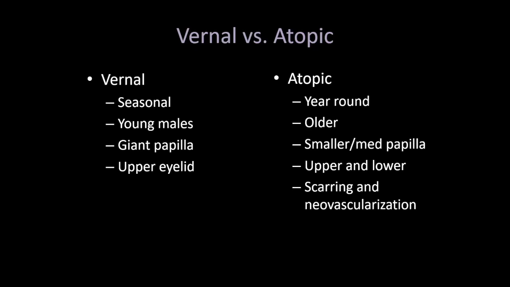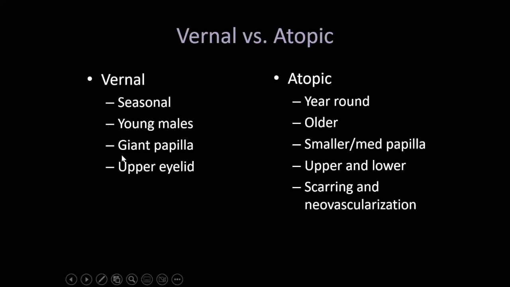In terms of the pattern and the seasonality, vernal keratoconjunctivitis is seasonal, but atopic is all year round. As I've said, VKC is common in young males. Atopic keratoconjunctivitis has a late onset in older people.